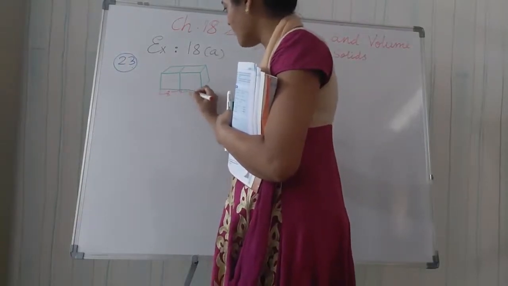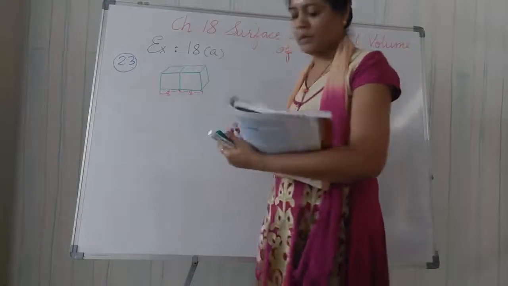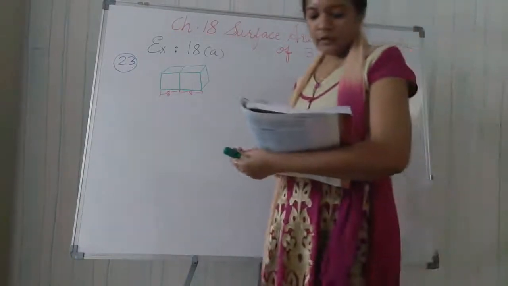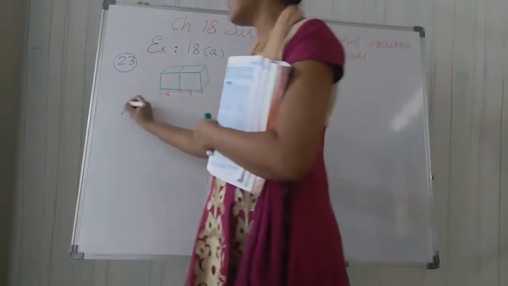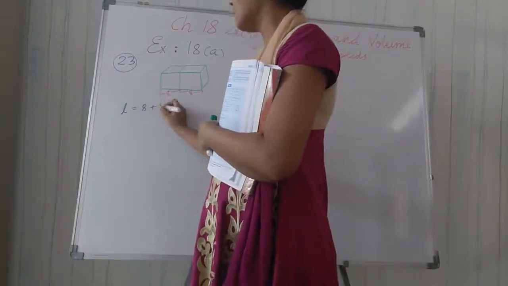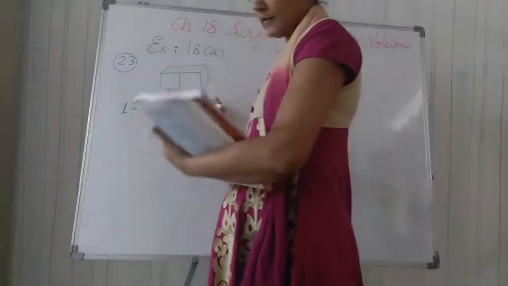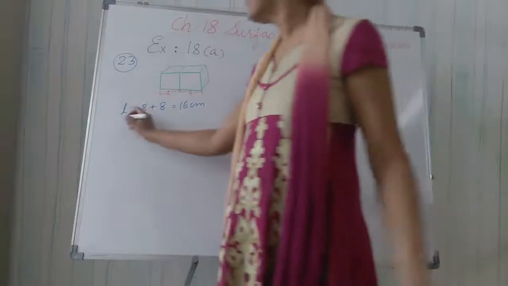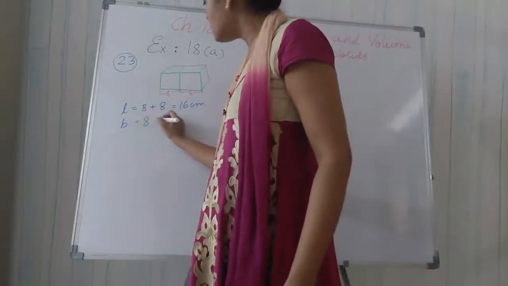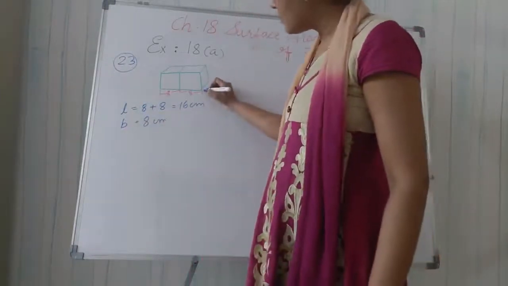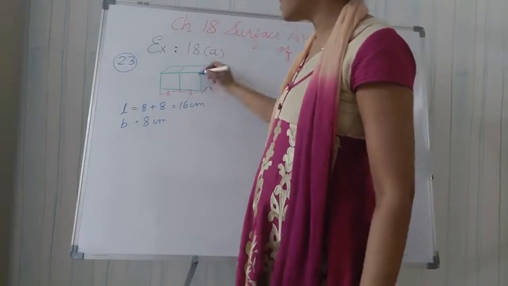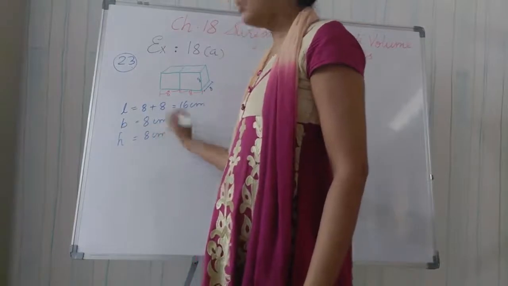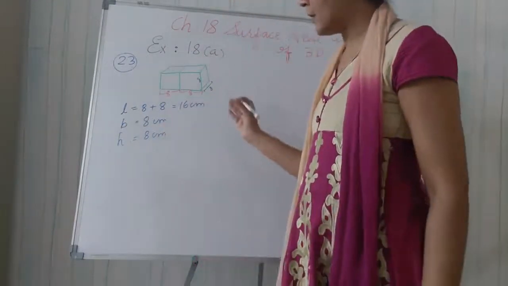So what is the total length now? It becomes 16, and the breadth and height will not change. So length will be 8 plus 8, 16 centimeters, and the breadth and height remain the same. This is the breadth, so it will not change, it becomes 8 only, and this is the height, that is also 8.